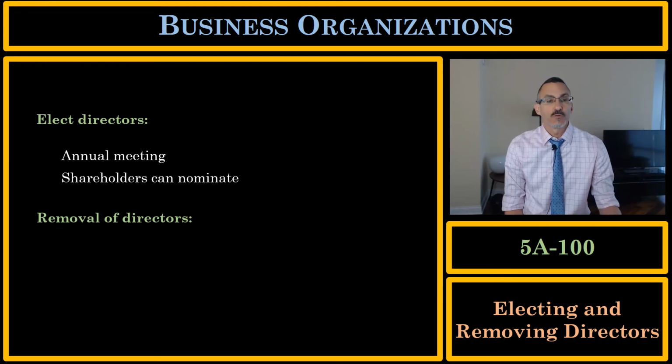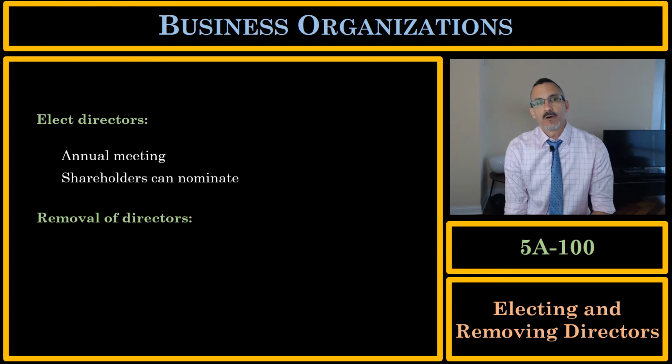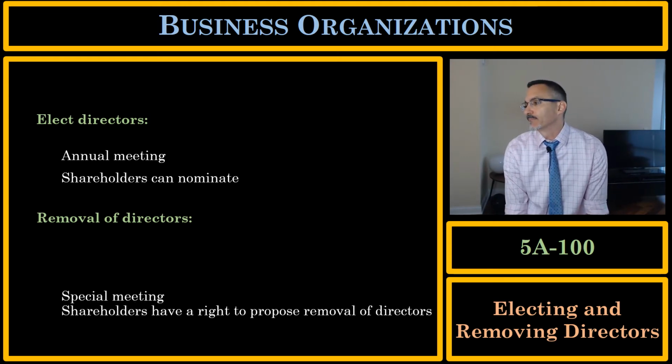The board will propose something and then the shareholders will vote on it. But with respect to electing directors, the shareholders can initiate action. They can nominate people to be on the board of directors. So if I'm a shareholder, I might nominate myself. I nominate myself for the board of directors, and then the other shareholders will vote on that.